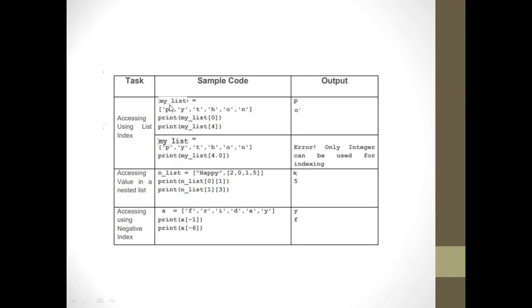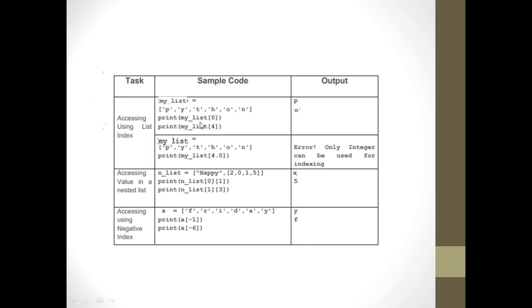Now, for example, if I have a list, my list, and it has P, Y, T, H, O, N as different elements. So my zeroth element is P, 1, 2, 3, 4, 5.